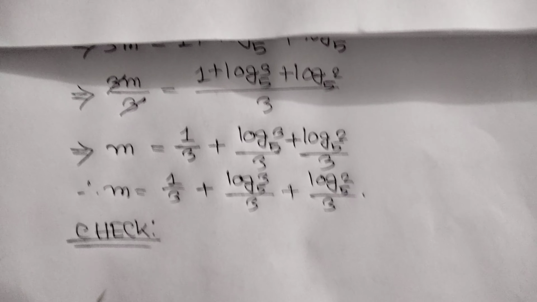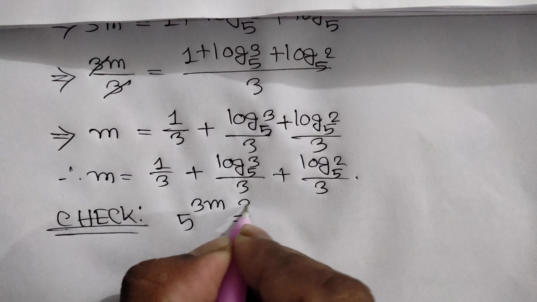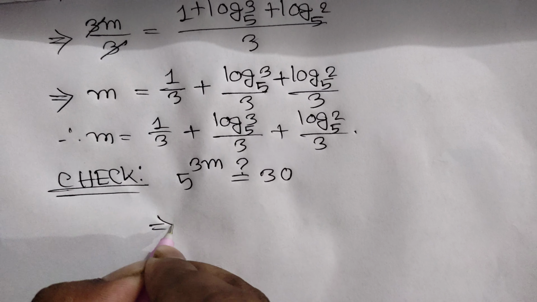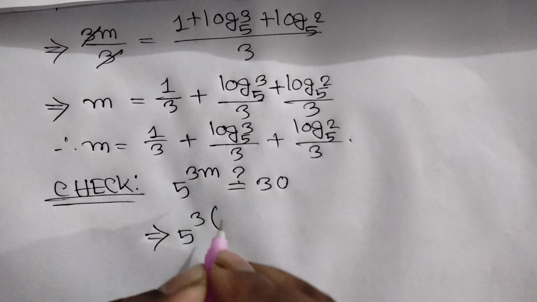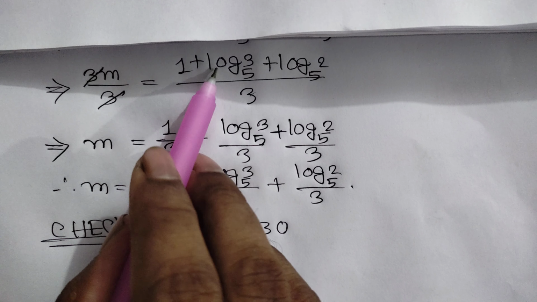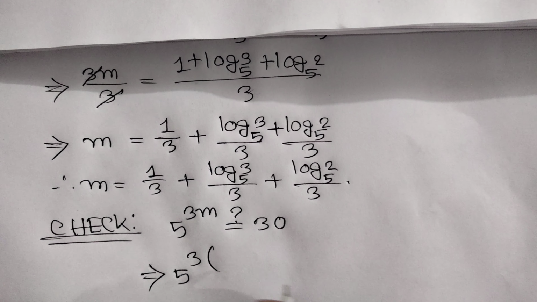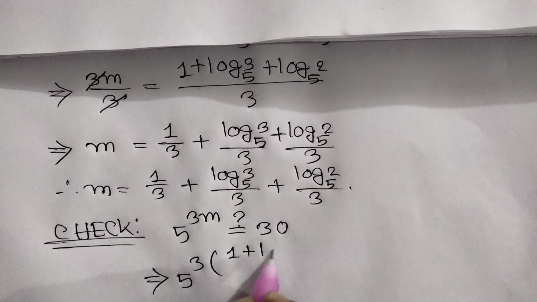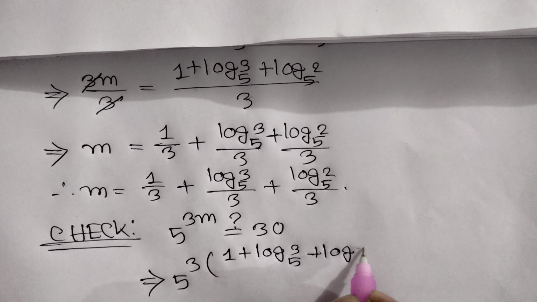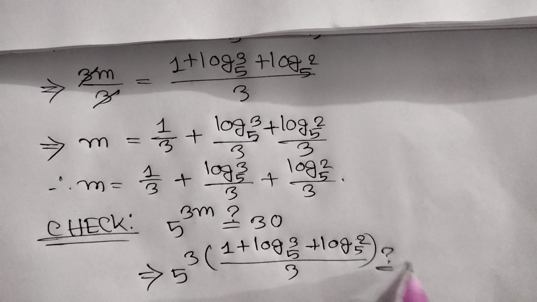So we can write 5 to the power 3 times m, where m is equal to 1 plus log of 3 base 5 plus log of 2 base 5 all over 3, is it equal to 30.